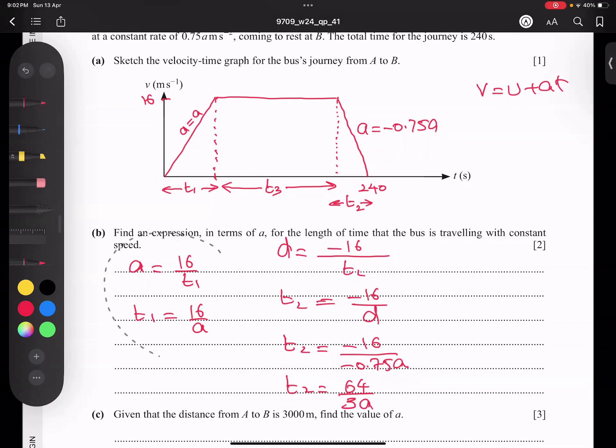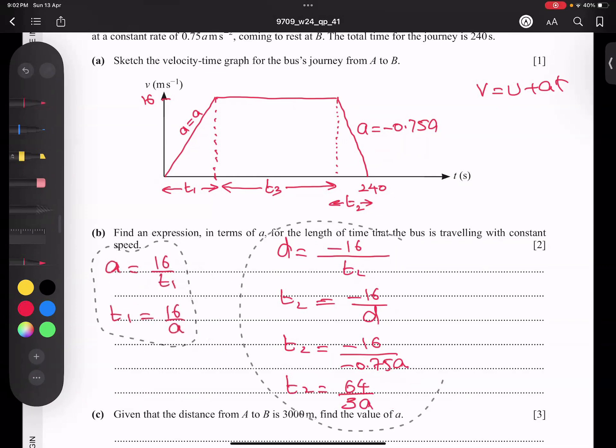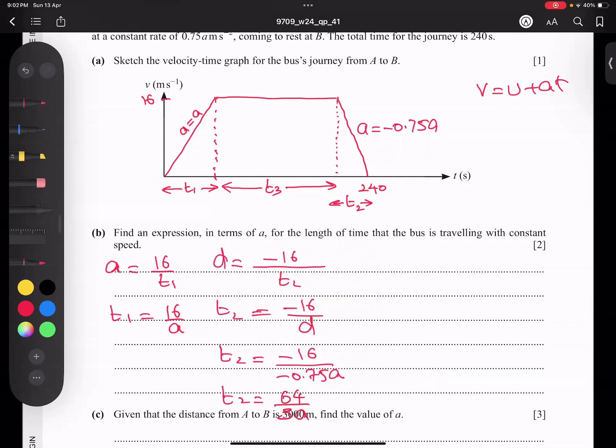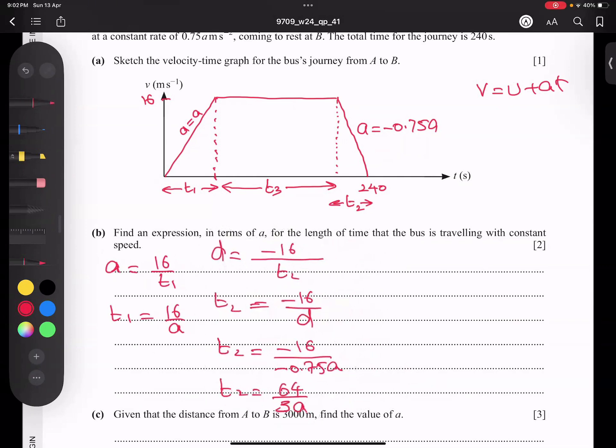But he is not asking only this. He is asking us to find out the time, in terms of A, for the length of the constant speed. It means we plan to find T3. So T3, how to find? From 240, subtract T1 plus T2. I believe you got the point.